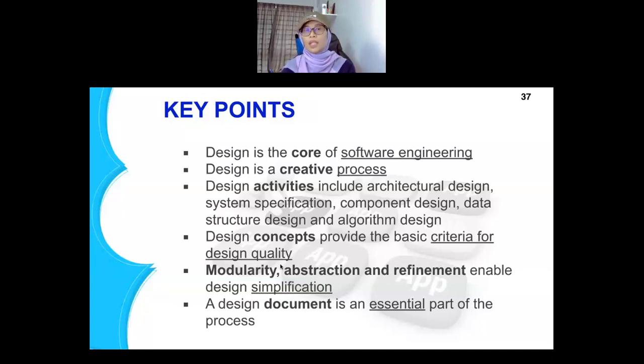So remember, that's why I said design is very big. When I talk about design, I know the first level is using the use case diagram. You want to visualize the requirements to your stakeholders to make them understand. When we go to the intermediate level, you are more specific on the architecture design, system specification, component design, data structure design, and algorithm design.